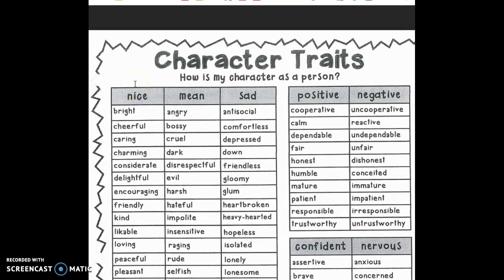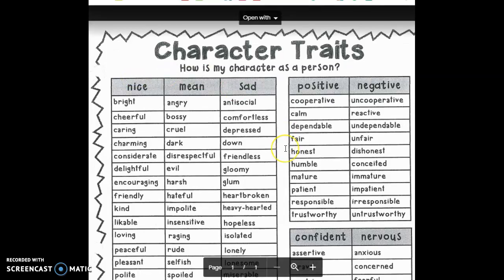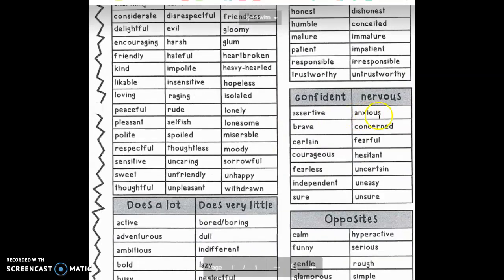Let's see if I can find a third character trait. I might go down to concerned or fearful or anxious. We see this a lot with Sal, and we definitely see this a lot with Phoebe. So if you're describing Phoebe, you might pick one of these words. You know how when we were reading about Sal and everything she was afraid of: car accidents, pregnant women, spiders.